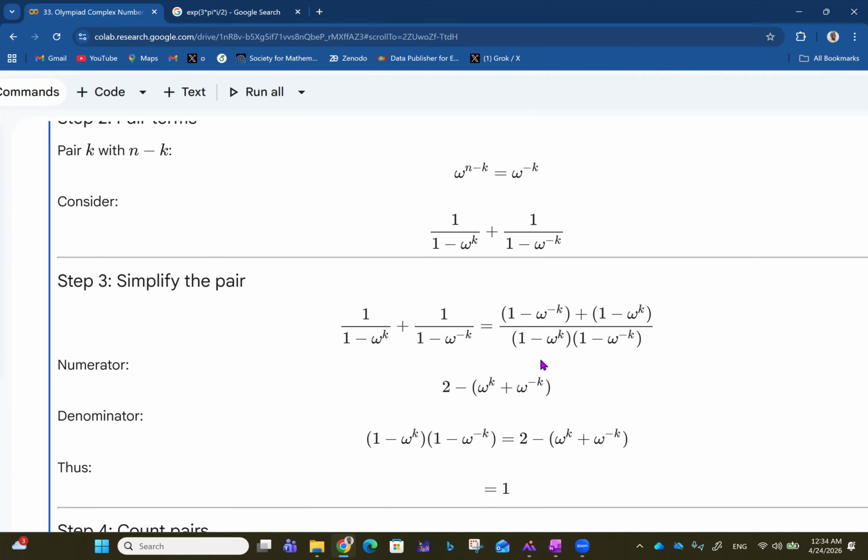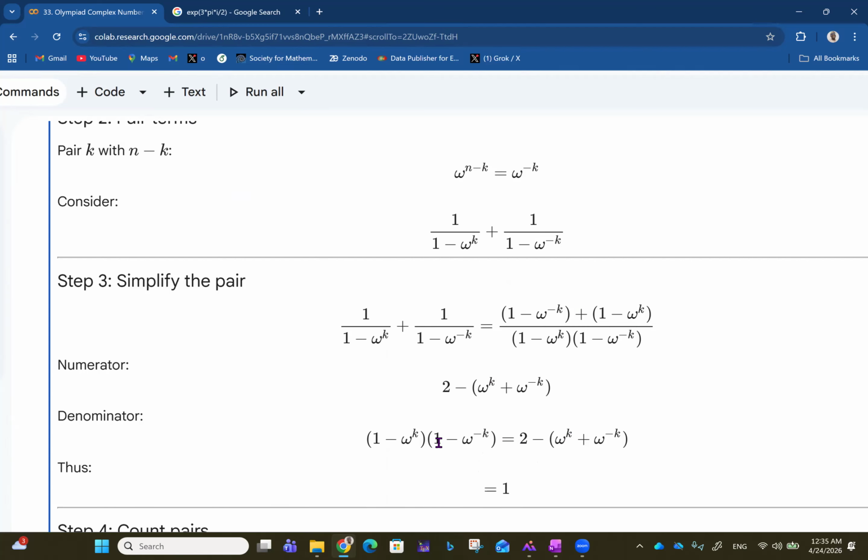For the numerator, the top now, we have 1 plus 1, 2, then minus omega raised to power k, minus omega raised to power minus k. Both of them are negative, so you just have minus omega raised to power k plus omega raised to power minus k. For the denominator, we can expand. When we expand, we have 1 times 1, 1. 1 times omega raised to power minus k, we have minus omega raised to power minus k.